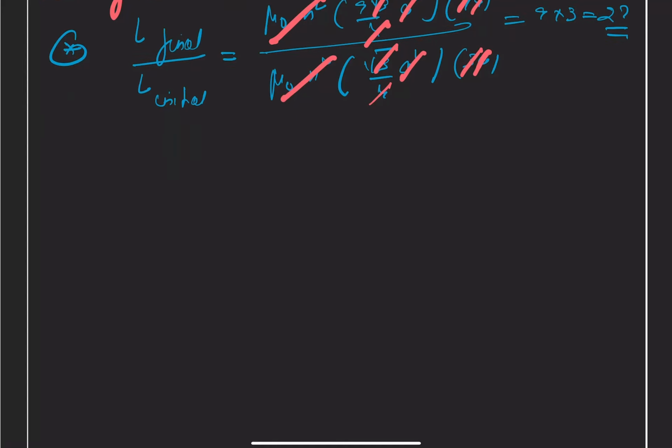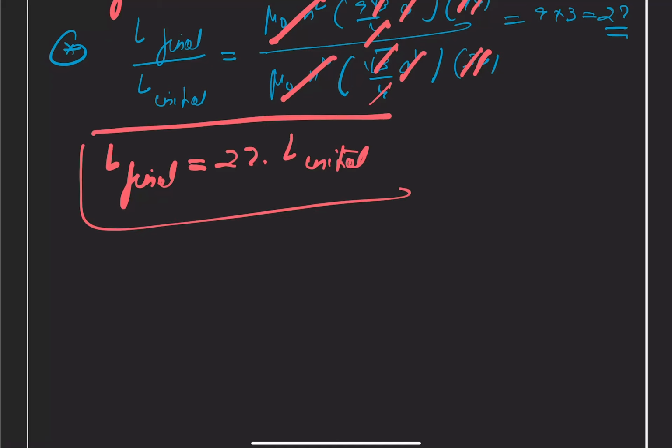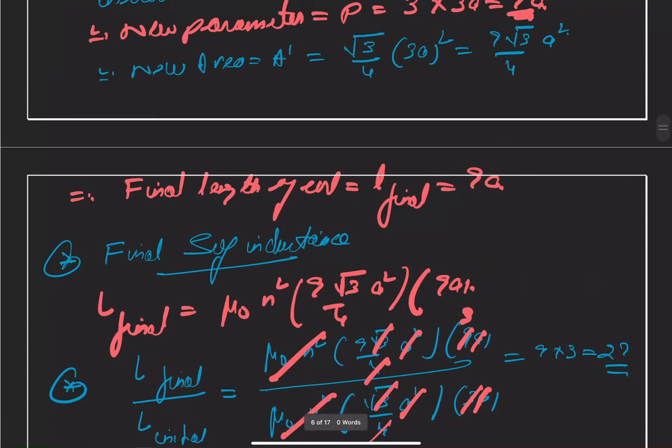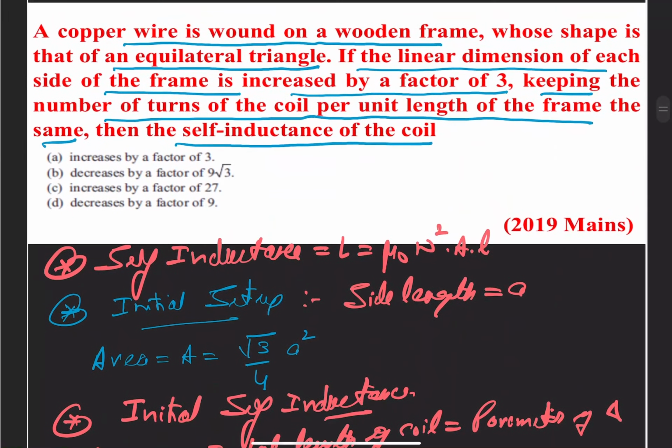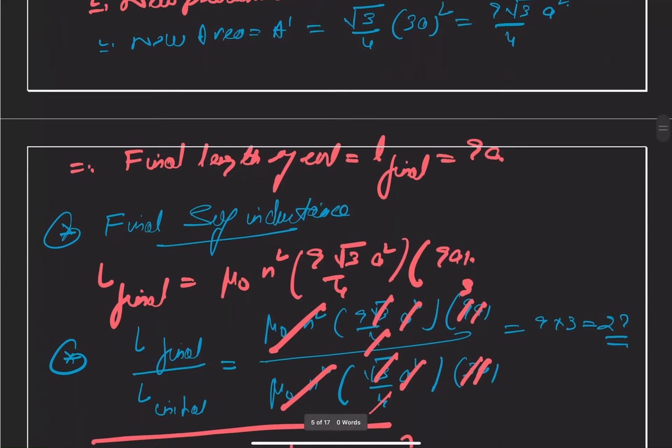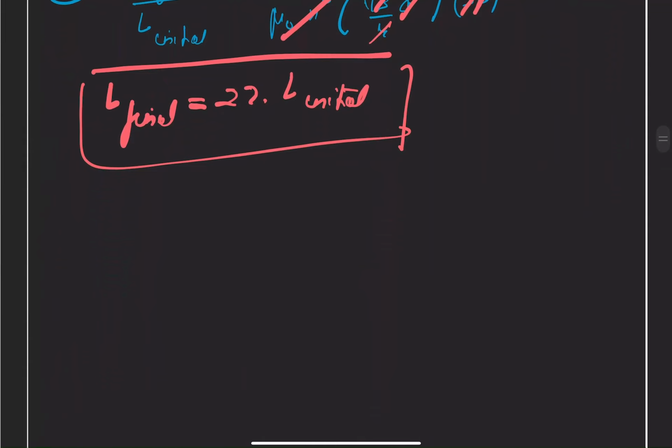So our final inductance is equal to 27 times the initial inductance. And the correct option is increased by a factor of 27, that is option C. Option C is correct.